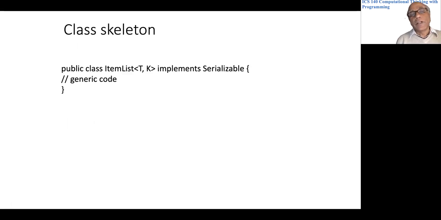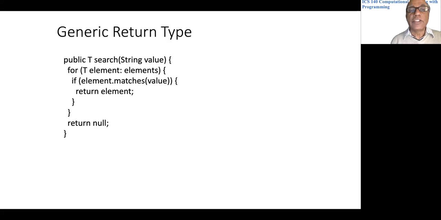Now, how do we change that parameter to be more general? Instead of string, I would like it to be K. This type of the key that I use to match has to be dependent on the element that is being stored. It is going to be dependent on T, the type of element that is stored.